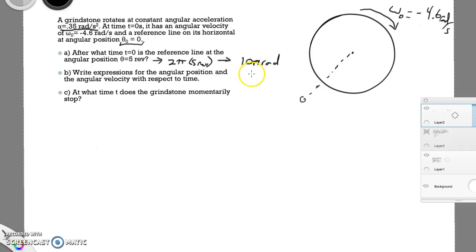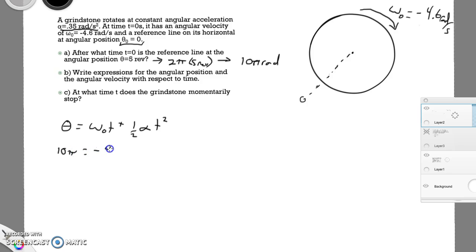With those quantities, it makes me want to use this equation, right? Omega naught t plus 1/2 alpha t squared. And so we're going to put in 10 pi here for theta.